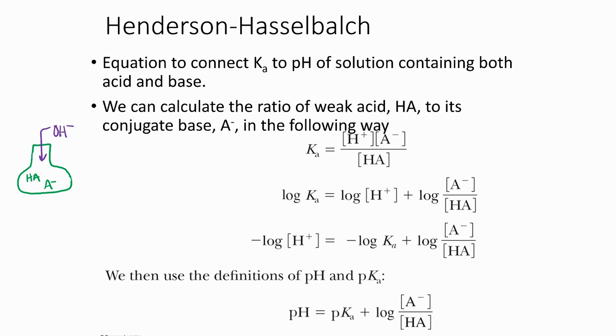Okay, so the question is, does an acid react with a base, or does a base react with a base? So the answer is that the acid in here should react with that base. So HA plus hydroxide will make A minus and water.